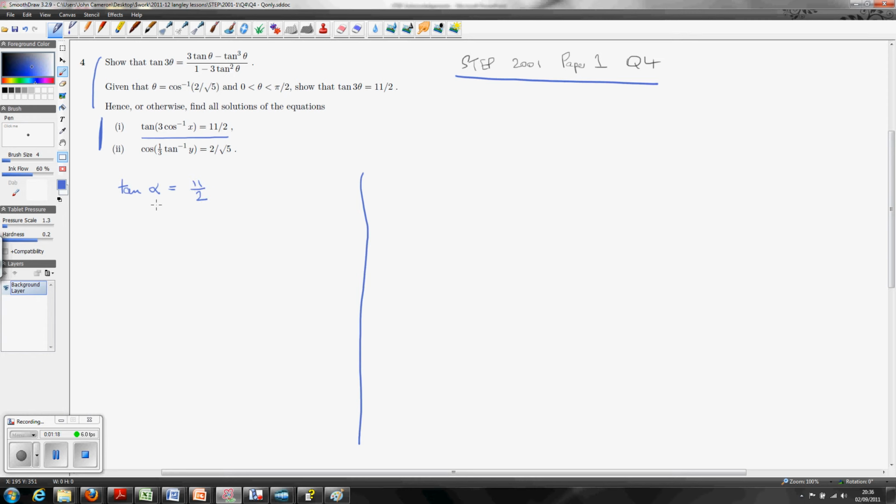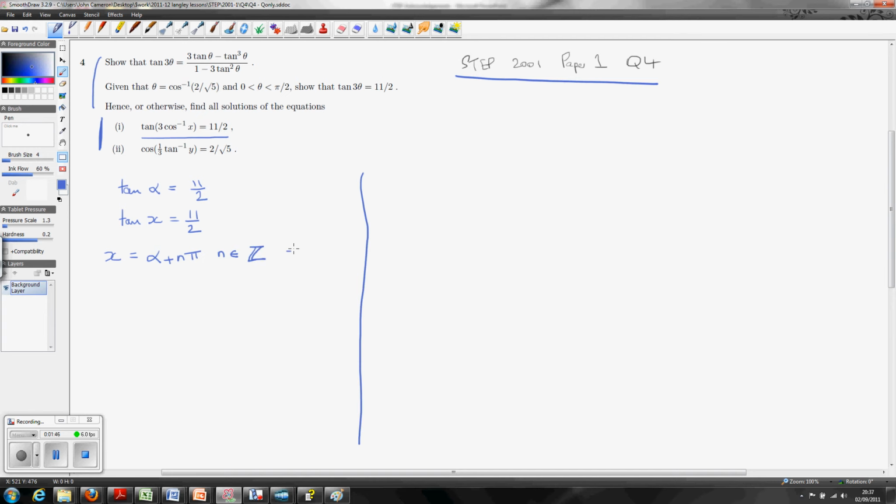So I know one solution to this equation, but I'm interested in all the solutions of tan x equals 11 over 2. It turns out that x is equal to alpha plus n pi, where n is some integer.